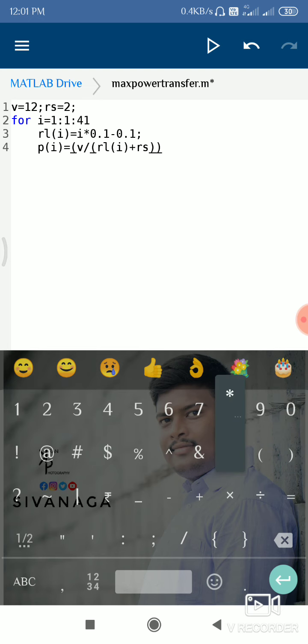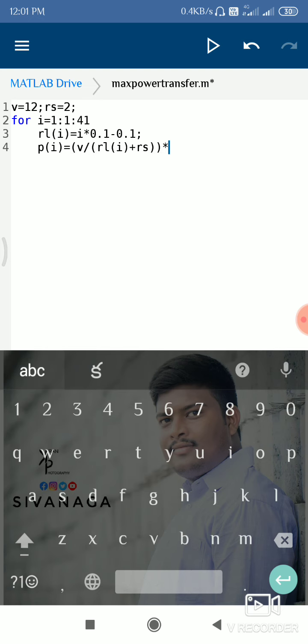Here I am giving two brackets for I square. What is I? I equal to V by RL of I plus RS.